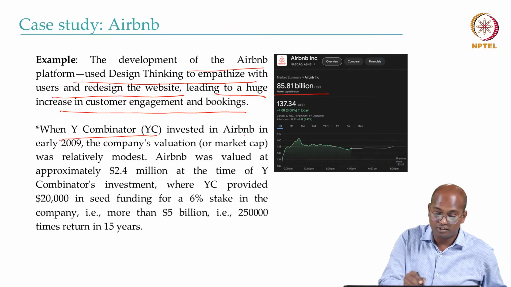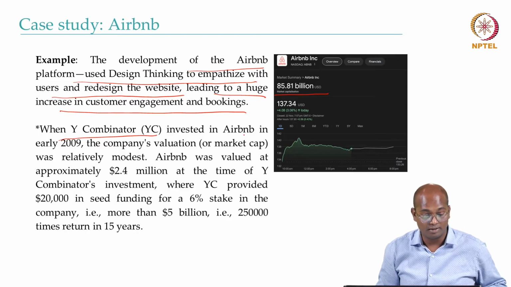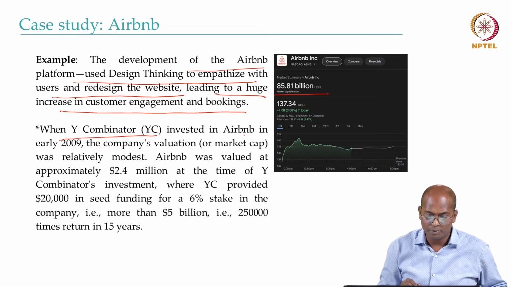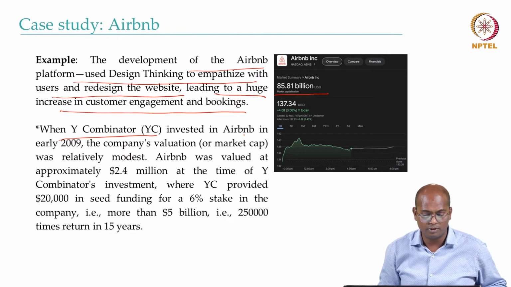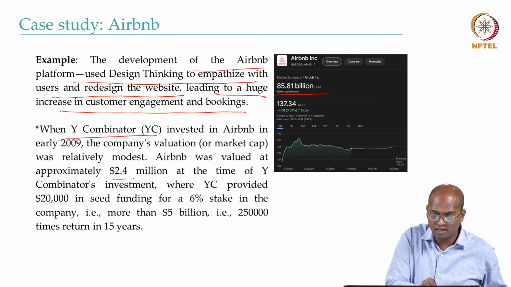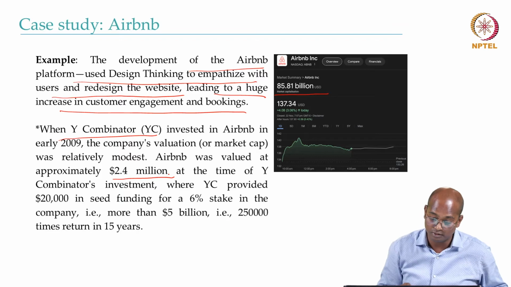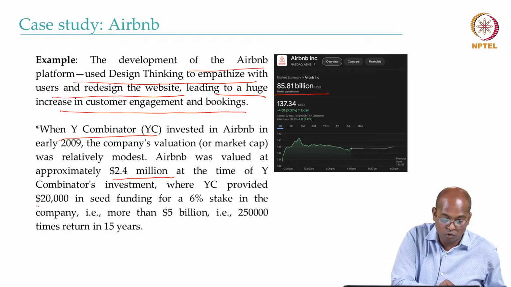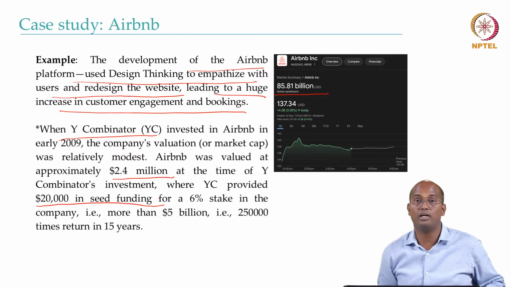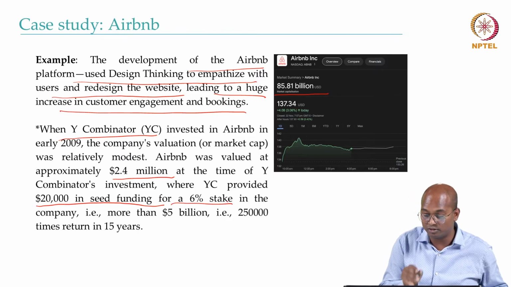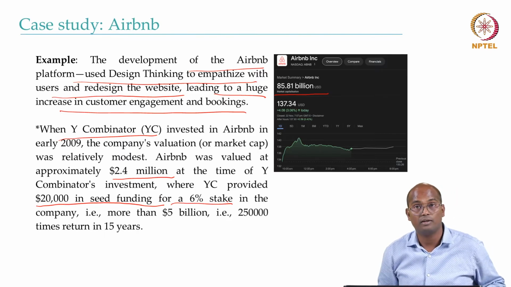Y Combinator invested in Airbnb in early 2009, and the company valuation was relatively modest. Airbnb was valued at just $2.4 million at the time YC invested, and YC had given $20,000 as seed funding for a 6% stake in the company.